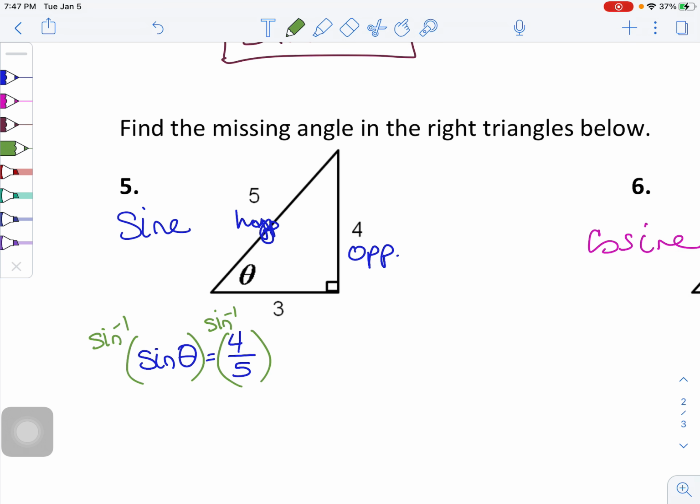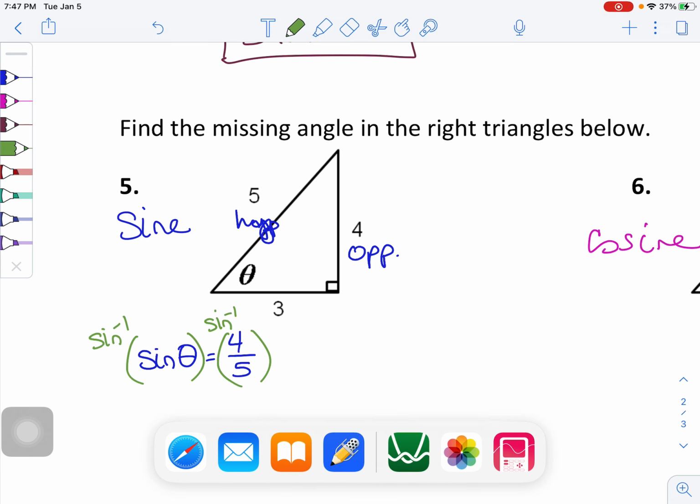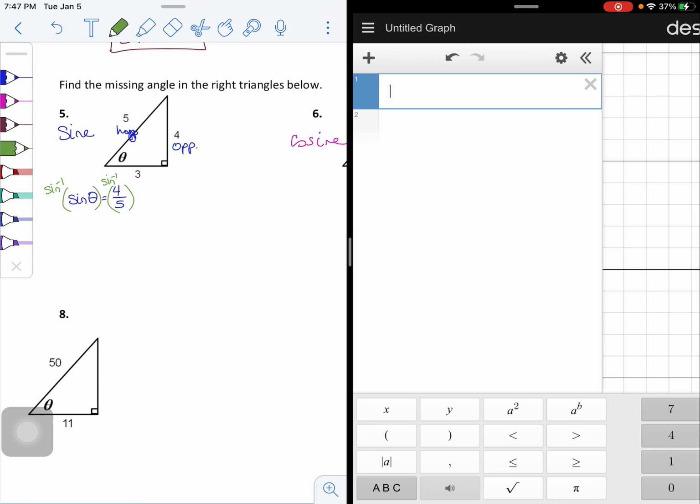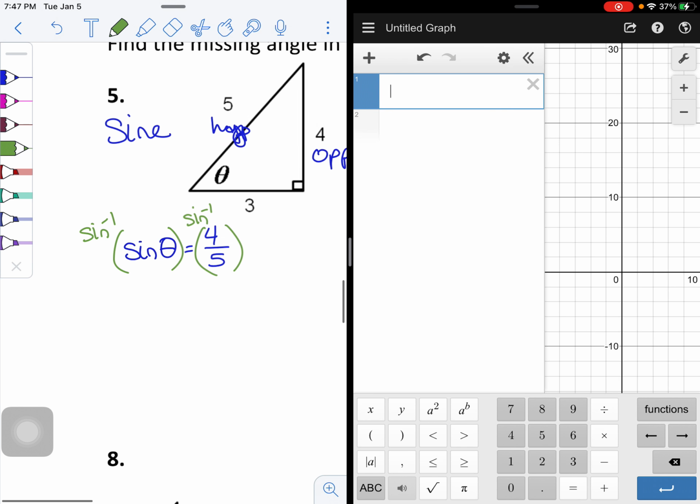However you want to say it, I tend to default to inverse sine or inverse cosine. So this is going to be a little trickier on Desmos. Sine and inverse sine cancel each other out. That's the whole point of doing an inverse. And so all that's left is theta is equal to the inverse sine of 4/5.